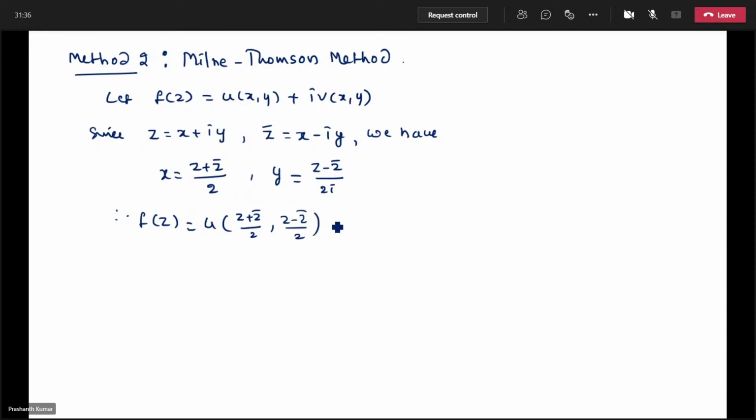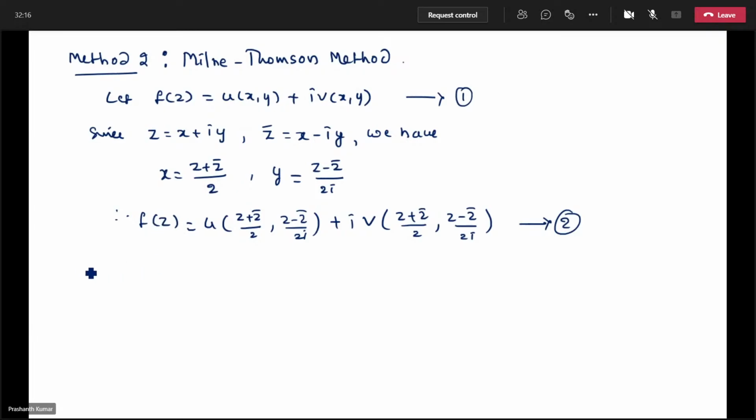This is u of that plus i into v of (z plus z conjugate) by 2, comma, (z minus z conjugate) by 2i. Okay, this is what we can take as equation 1. This is equation 2. Now considering this relation as a formal identity in two independent variables z and z conjugate.